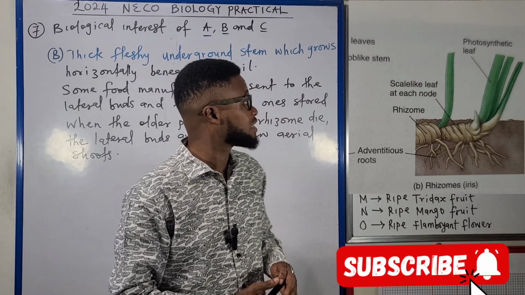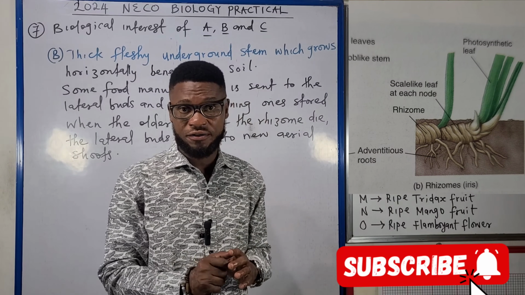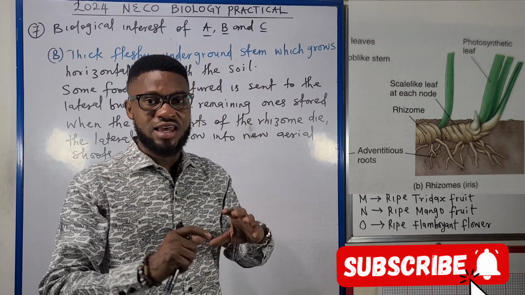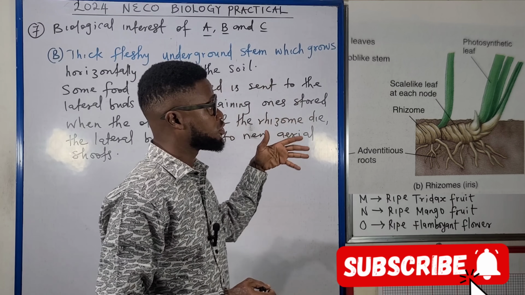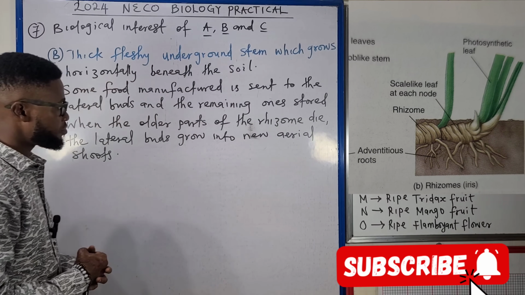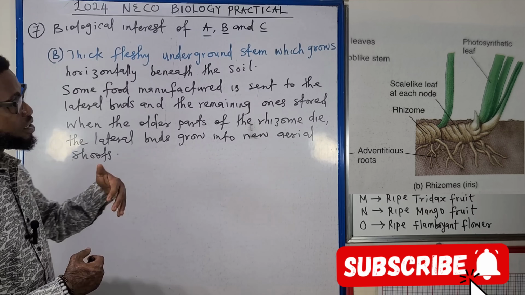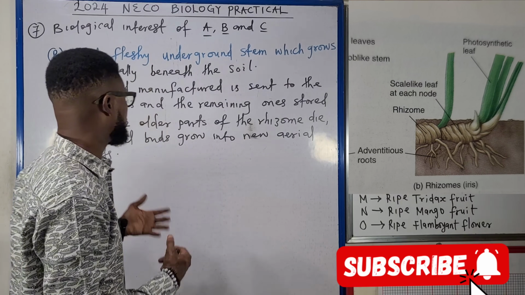And if you look at specimen A, B, and C, since they are all organs of vegetative propagation, I think the biological interest should be focused on how they propagate or reproduce.